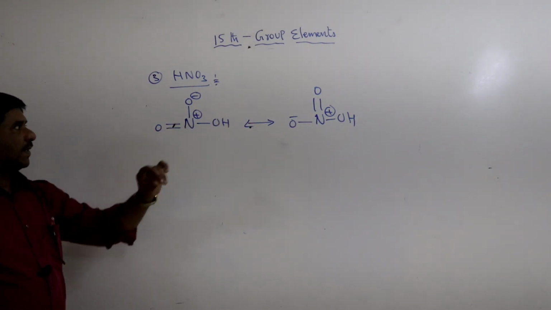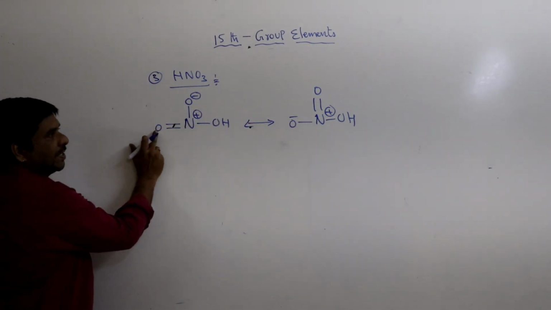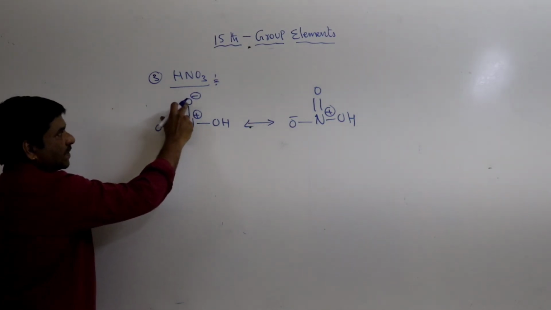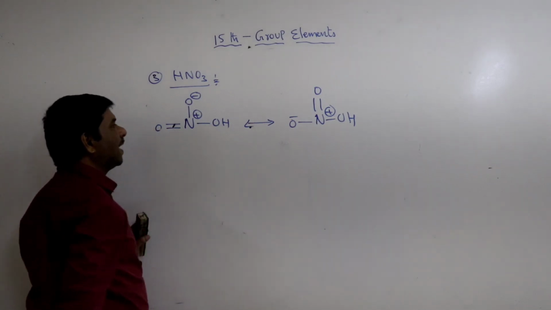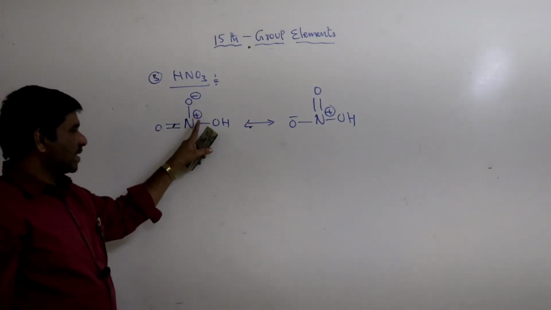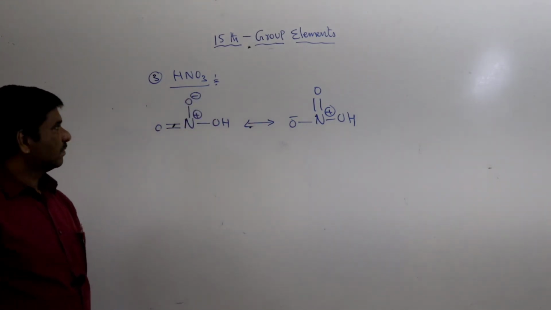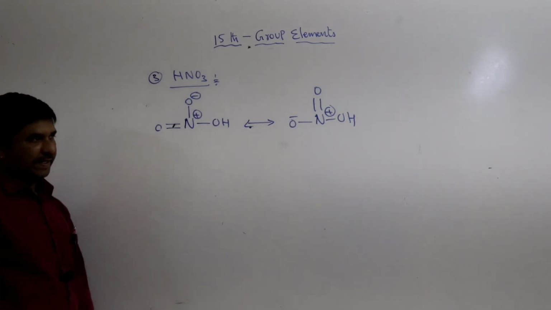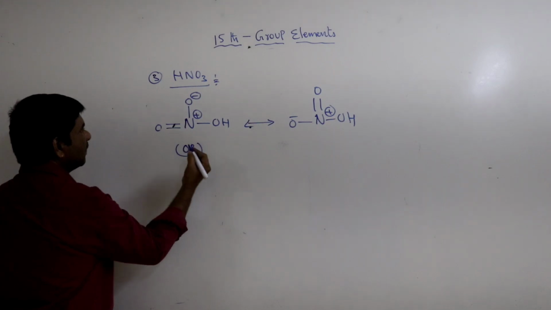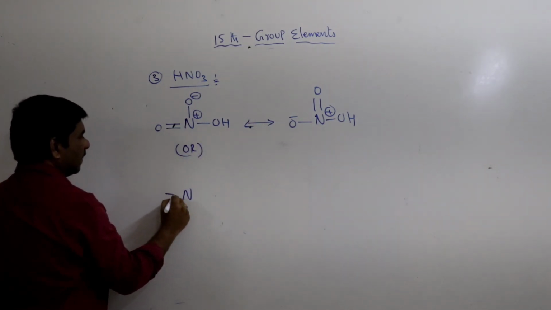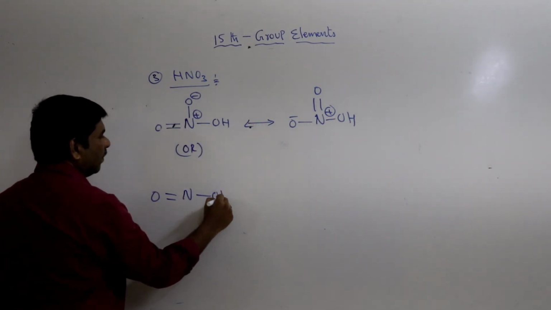Check this one and that one. Here the double bond O is on the left side, above is O minus. These two are reversed. N plus means N has lost an electron. Oxygen has gained the electron. Or simply, it is written as N double bond O, OH.